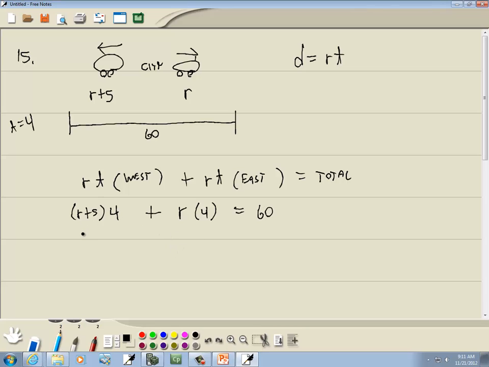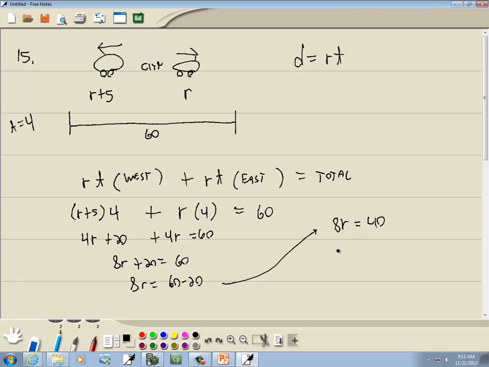Okay, 4 times r is 4r, 4 times 5 is 20, 4 times r is 4r, equals 60. 4r plus 4r is 8r, plus 20 equals 60. Take 20 over, becomes a negative 20. And 60 minus 20 gives us 40, and then divide both sides by 8. And we get r is equal to 5.